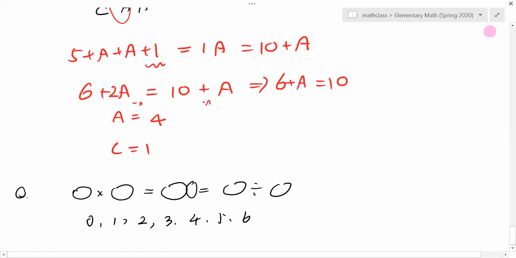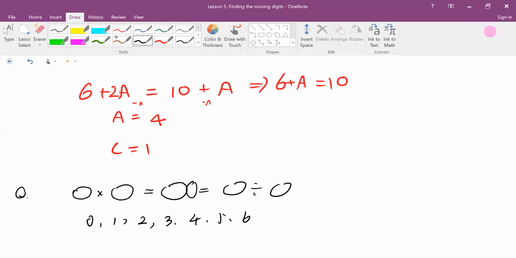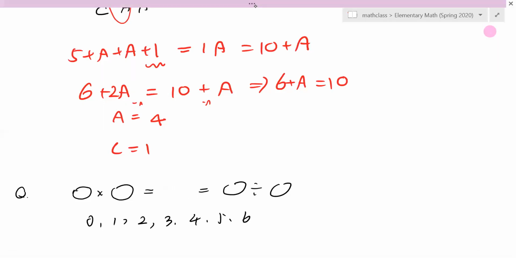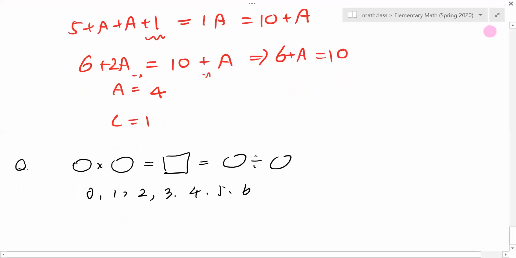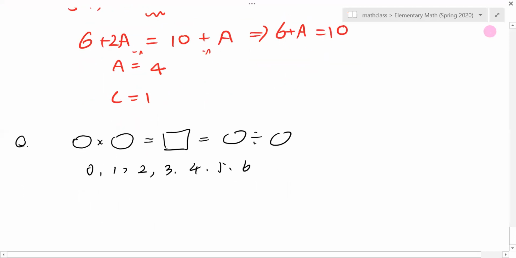Let me check. 7 digits must be filled in the circles, and this is not a circle. We use a square. Let's change it to the square. Let's see the requirement. Each digit can be used only once, and please complete this formula using those digits.